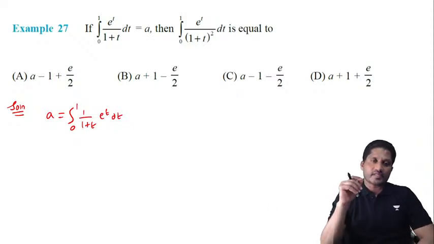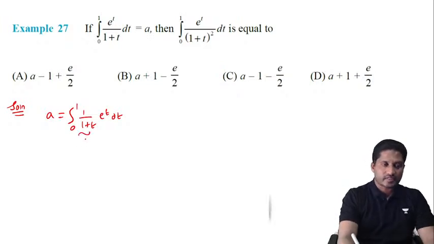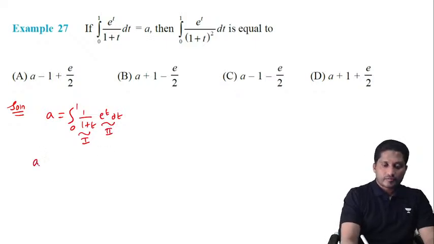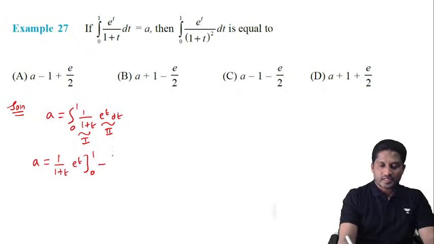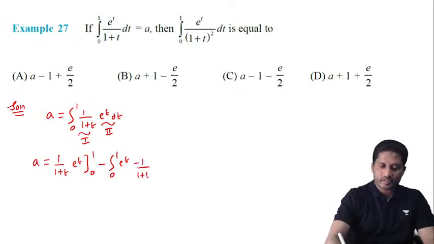When you use the by parts rule, the exponential function will be the last. So this means that this is the first function and this is the second function, isn't it, guys? So the first function is 1 by 1 plus t. Integration of e power t is e power t between the limits 0 to 1, minus the integral of the second, which is e power t, and the differentiation of 1 by 1 plus t, which is minus 1 by 1 plus t the whole square.